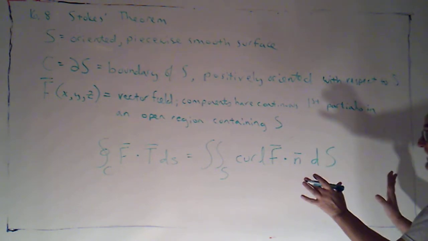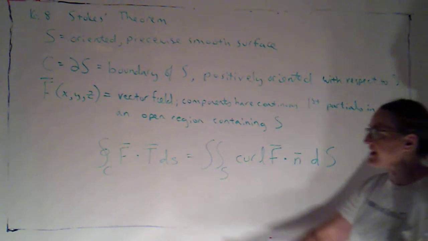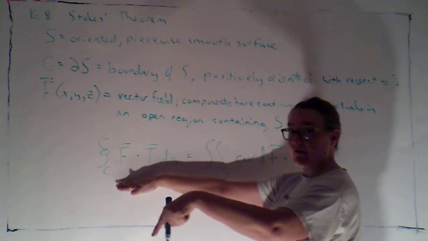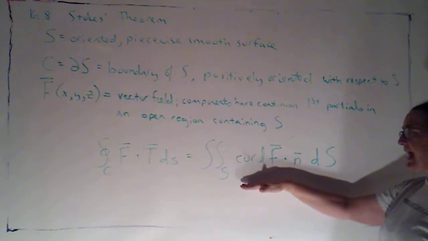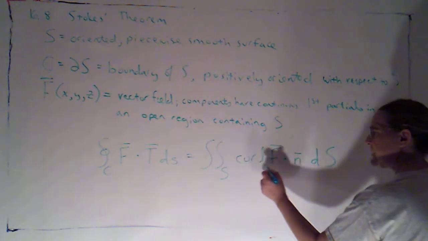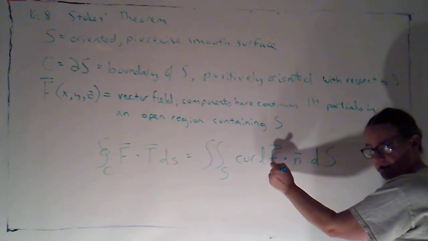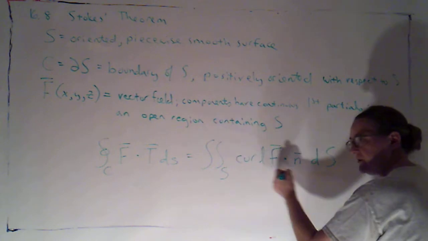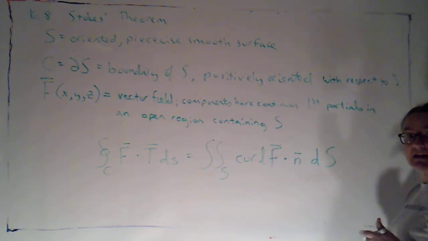So that is Stokes' theorem, that instead of doing this line integral over the boundary of a surface, I can instead do this double integral over the surface. And be careful, it's not just a curl of f, because that would be a vector valued function. I dot that with the normal vector to get a real valued function as my integrand.